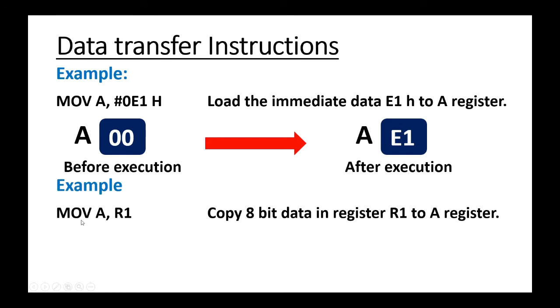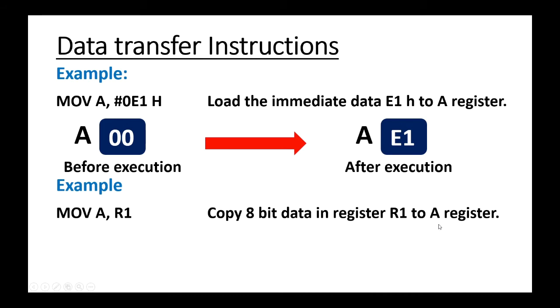In another example, MOV A, R1. The register could be anything. There are 8 registers in a register bank, R0 to R7, so any of those registers could be used here. Basically the 8-bit data from the specified register, here R1, is copied to the A register.